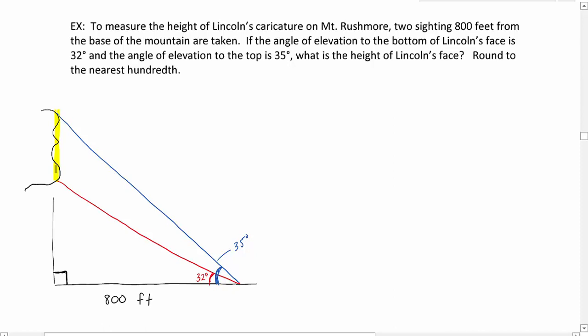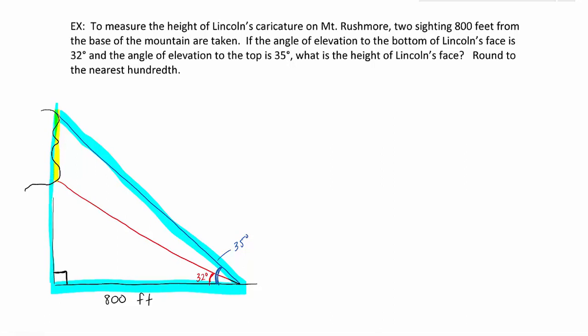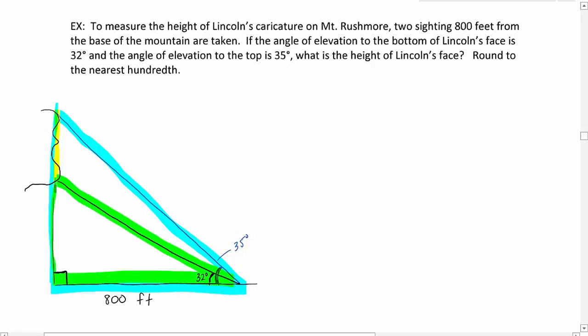What we can do to figure this out is, if we look, we've got this blue triangle here, and then we have a red triangle as well, but I'm going to do it in green here. Notice that the height of Lincoln's face is the difference in the height of those two triangles. So we are going to find the height of the blue triangle, then the height of the green triangle, and then subtract that.